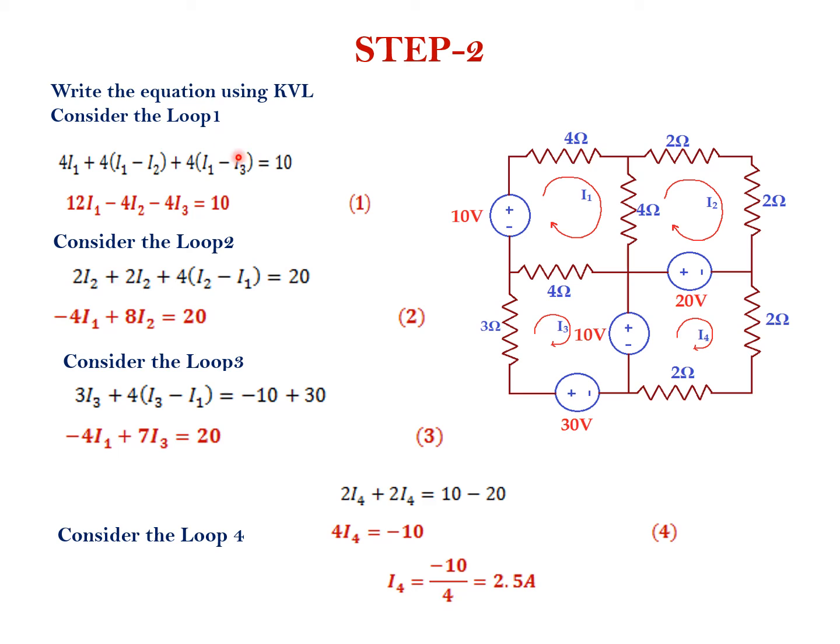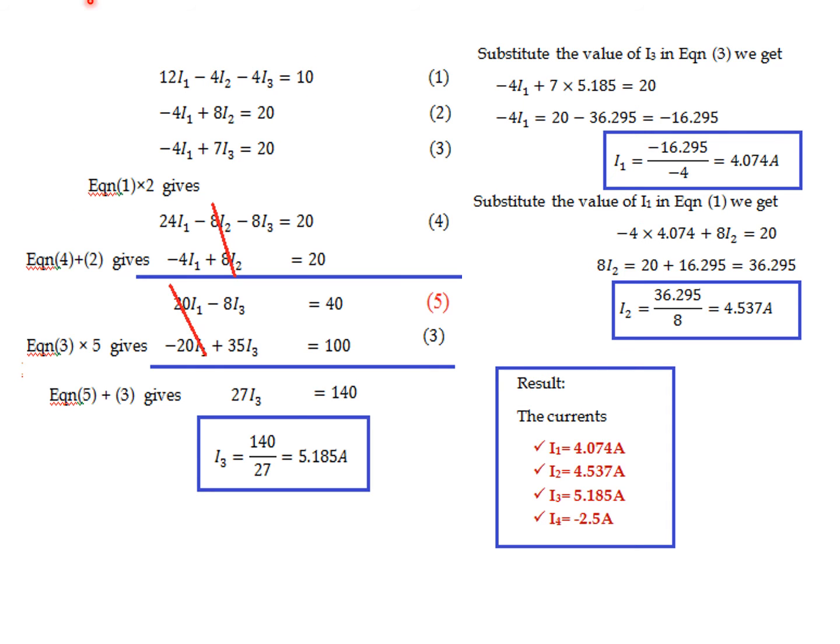Next I am going to find out three currents, I1, I2 and I3. Okay, see again I have to write the three equations. 12I1 minus 4I2 minus 4I3 equal to 10, minus 4I1 plus 8I2 equal to 20, minus 4I1 plus 7I3 equal to 20. So take the equation number 1.